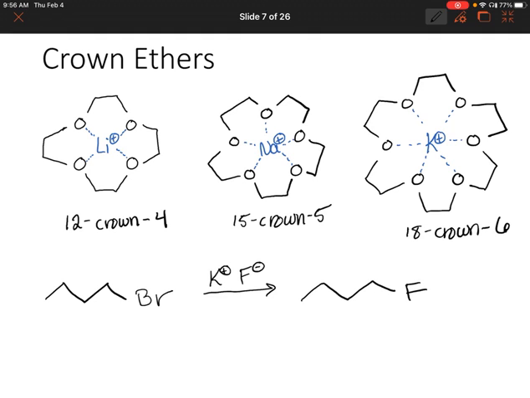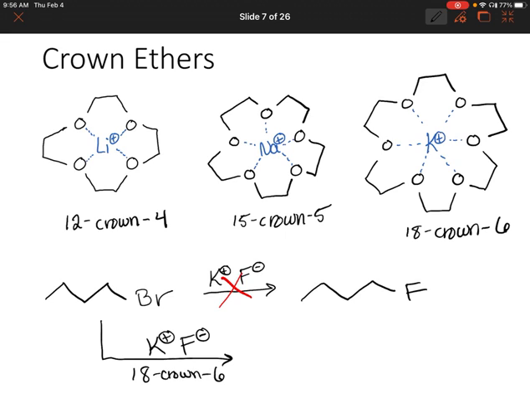Well, like we've said in the past, fluorine is very reactive and it violently reacts. So it's pretty difficult to use it in different reactions. But one method that we could use instead, we could deliver fluoride using a crown ether like 18 crown 6.